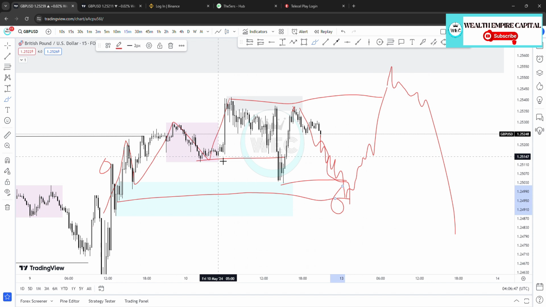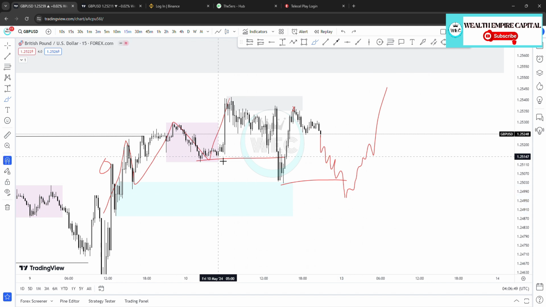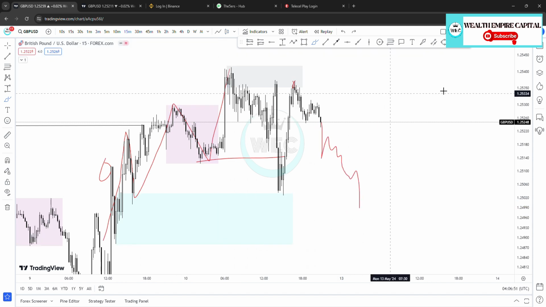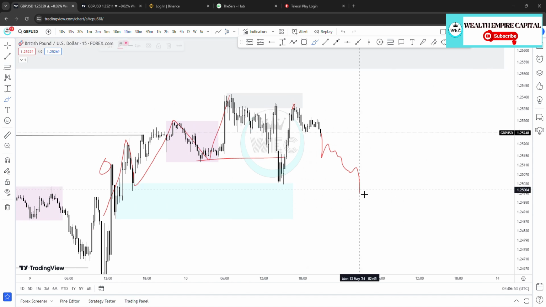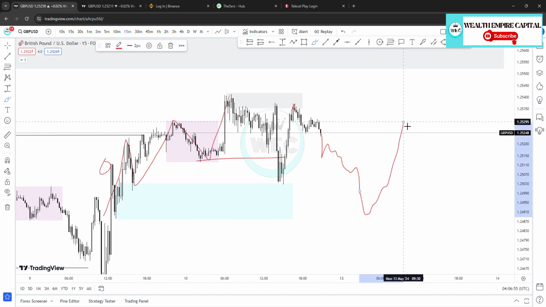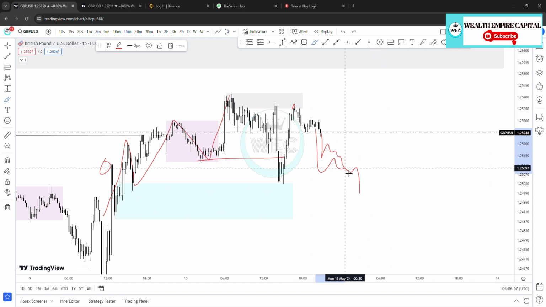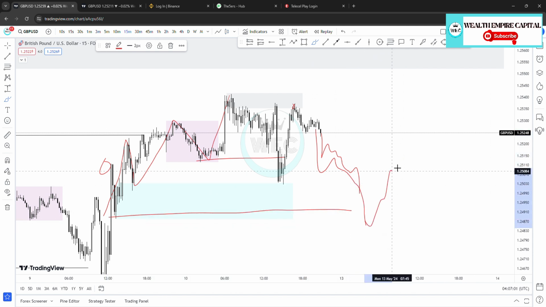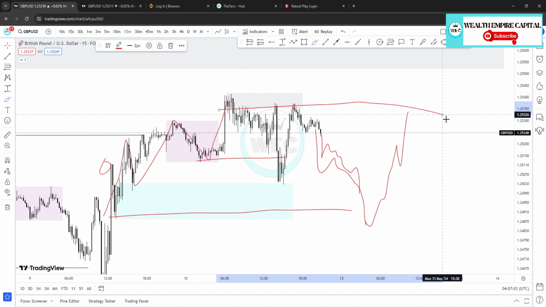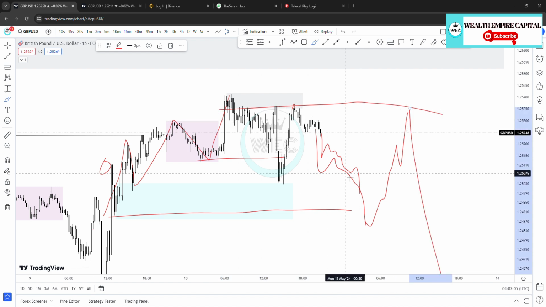As simple as that. Another thing is, we may not even have price doing that complex pullback. You can just have price going all the way to the downside, taking out this low, coming up once more, and then we drop.